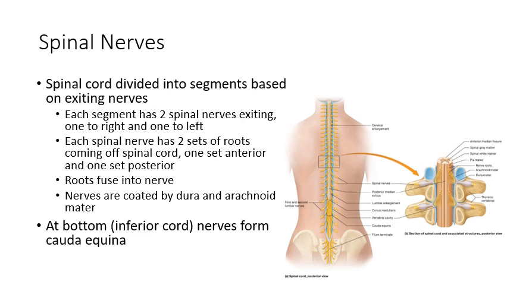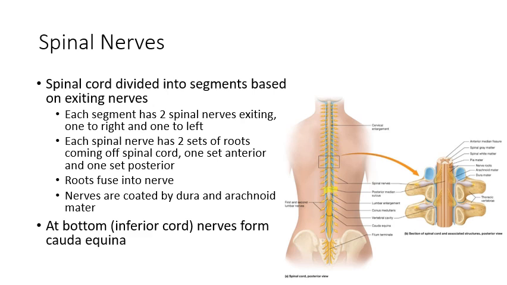So, for instance, for your S1 nerves in the first sacral segment, that actual segment is located further up, maybe right here or so, in the spinal cord, with where you have your thoracic vertebrae.